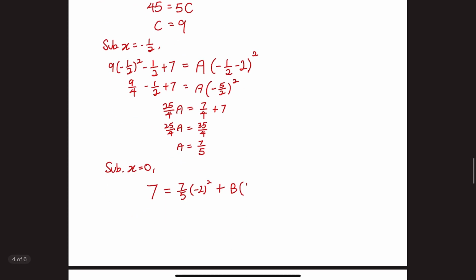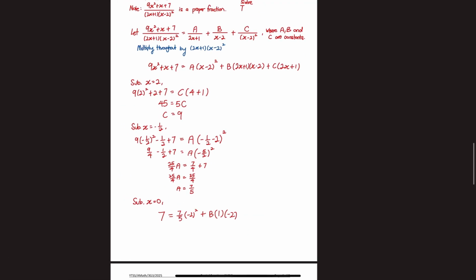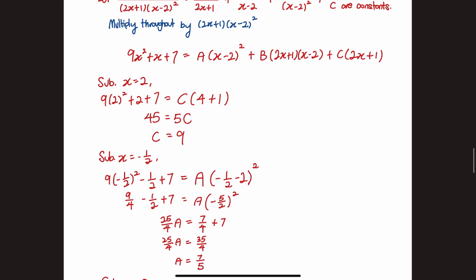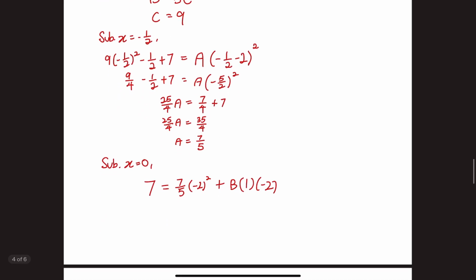So this is times 1 times negative 2. Then the last one, sub in 0, is c times 1, which is simply plus c, which is plus 9.